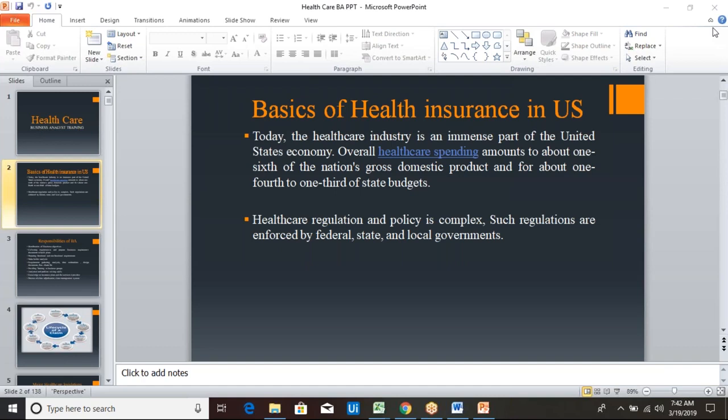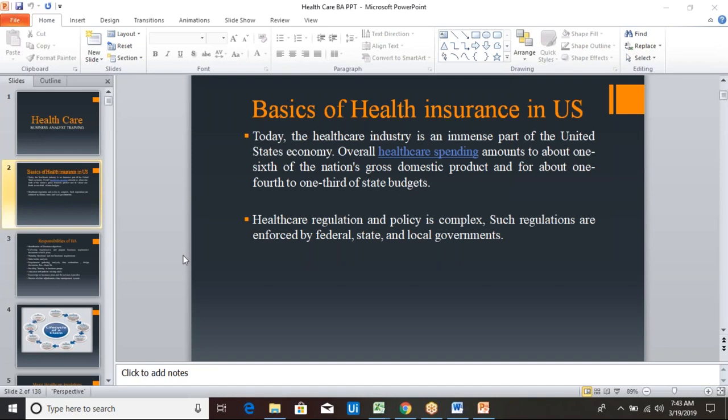Those are the two major ones, apart from the remaining things, which will be on the top side. Okay. So when we talk about the basics of health insurance, especially in the US, there are some amendments that happened during the implementation of the health insurance plans.